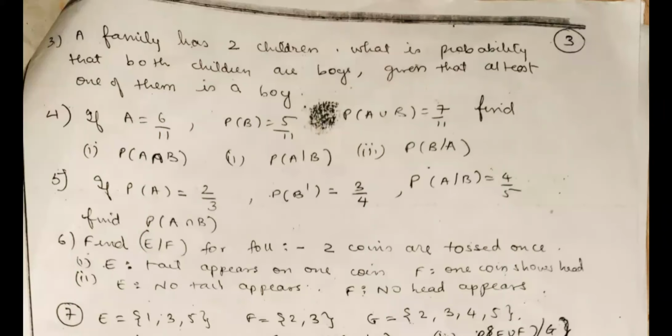Given that now is at least one of them is a boy. And B is what? The probability that both the children are boys. The family has 2 children. So make a sample space first out of 2 children. So boy-boy, it could be girl-girl, boy-girl, or girl-boy.